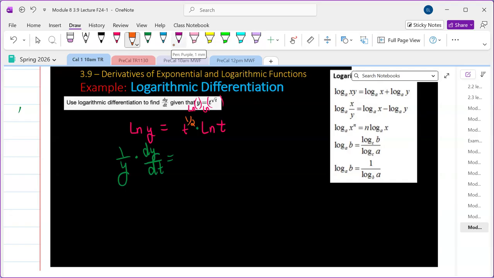So product rule is derivative of one thing times keep the other the same plus, and then do it the other way around. So I'm going to do my derivative of t to the 1/2. That'll be 1/2 t to the negative 1/2. And then that's still times the natural log of t.